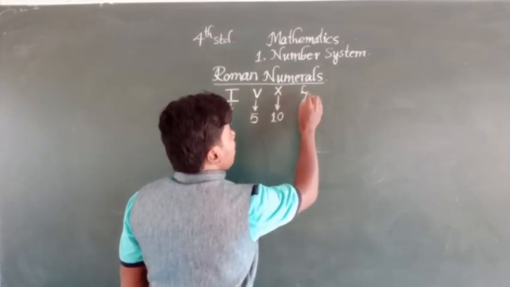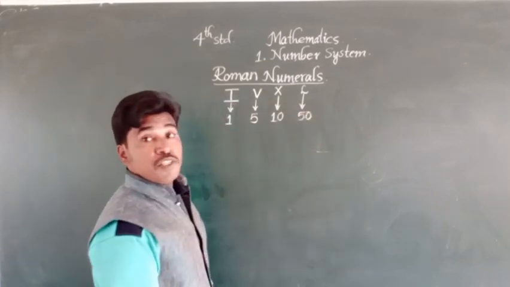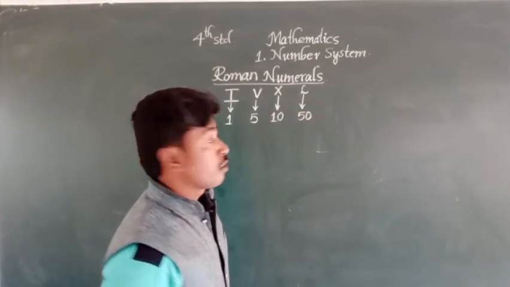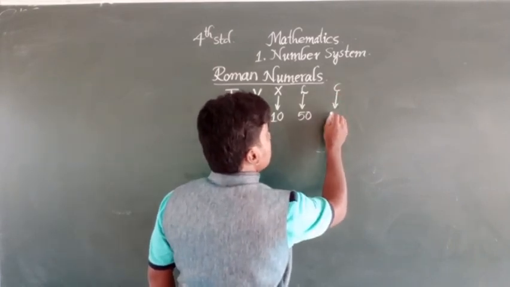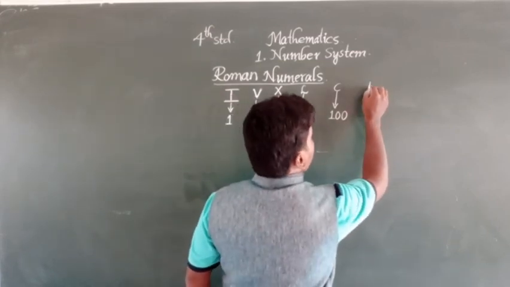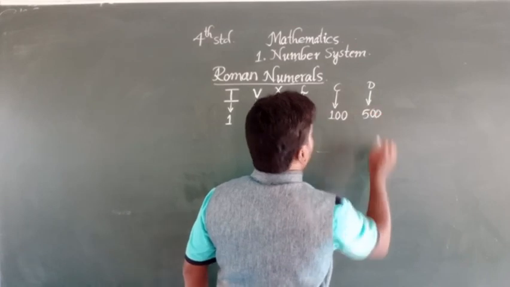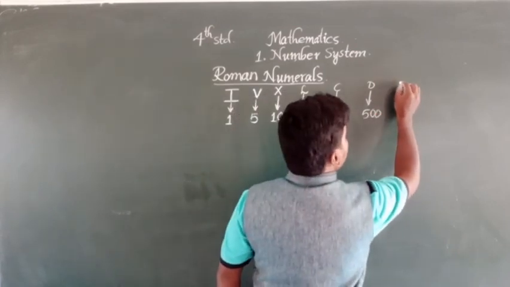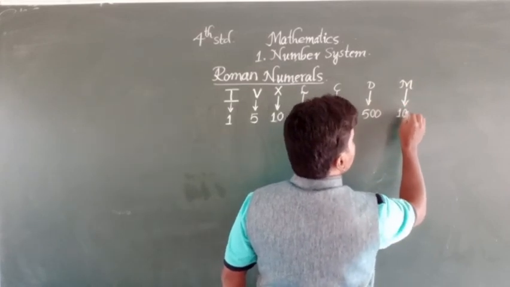L means 50. C indicates 100. And D indicates 500. And finally M indicates 1000.